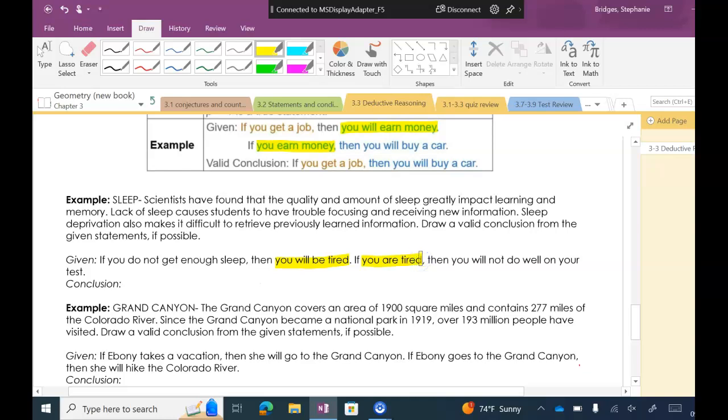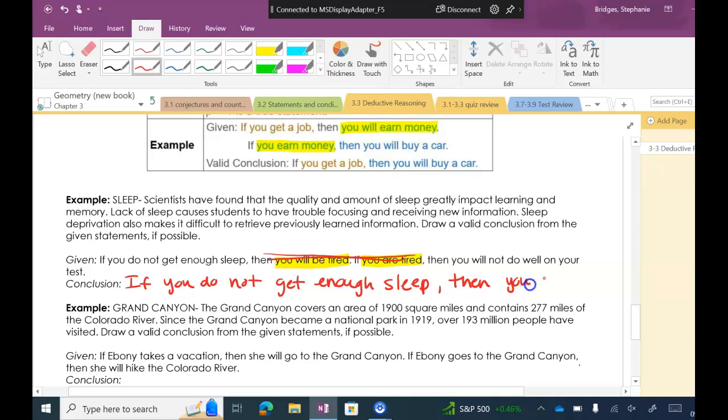Yes. So what this is saying is we are able to draw a valid conclusion by basically getting rid of those and saying if you do not get enough sleep, then you will not do well on your test.